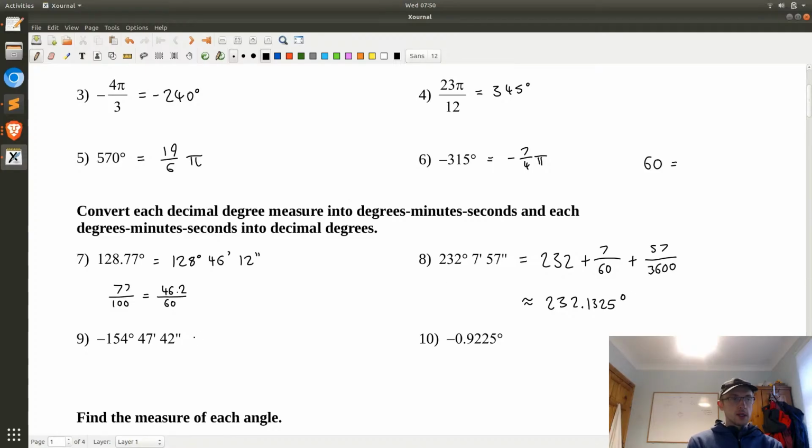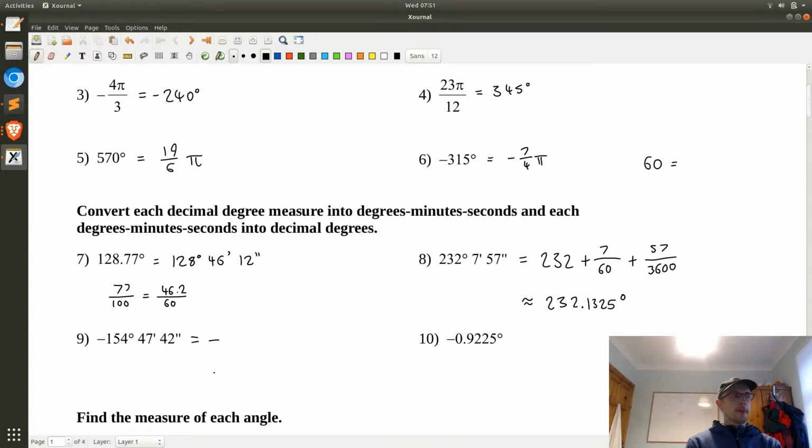Now, how about this? The minus sign in the front. Just stick a minus sign there. We just changed the pieces up there: 42 where the 57 is, and 47 where the 7 is, and of course, 154 where the 232 is.